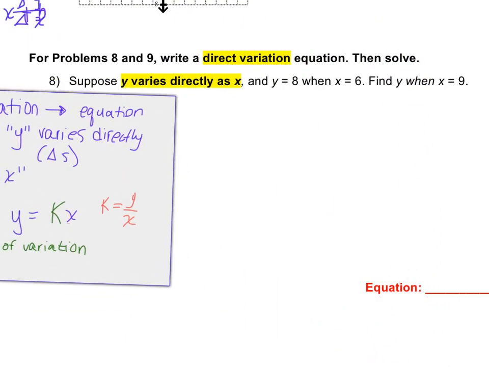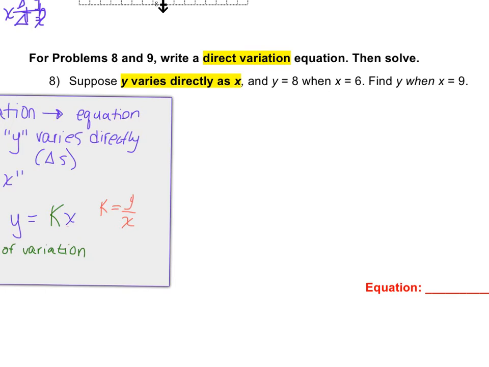So if we go back to this problem here, they tell me y varies directly with x. That means I know I'm dealing with a y equals kx equation. They don't give me the equation; they're asking me for it.